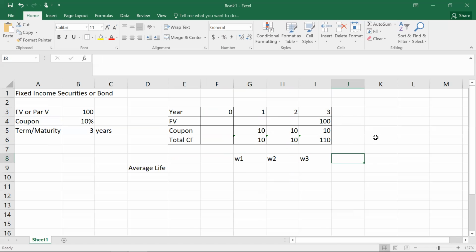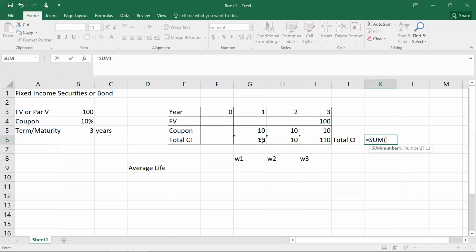Now there is another term that I will write here, that is the total cash flows. Total cash flow is the sum of all the cash flow that you are getting. So total cash flow is 130.